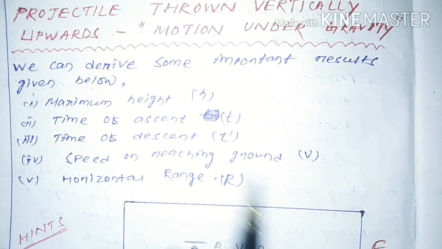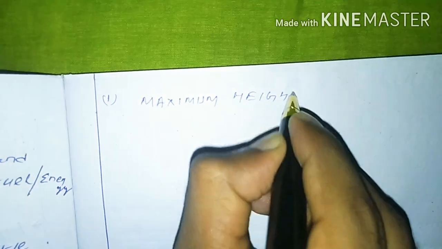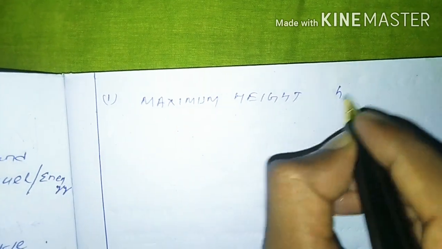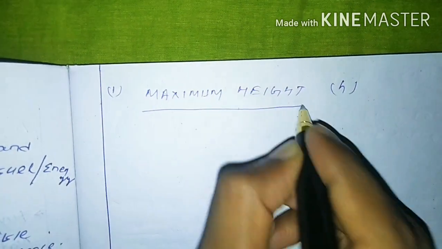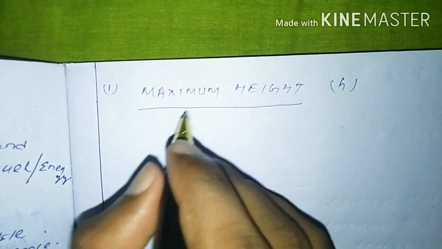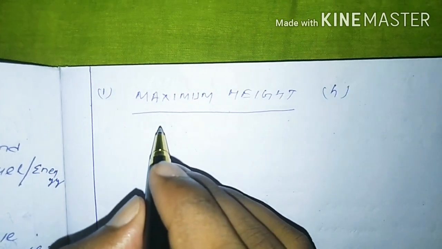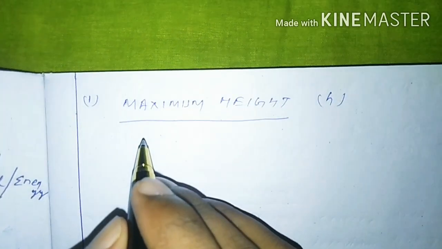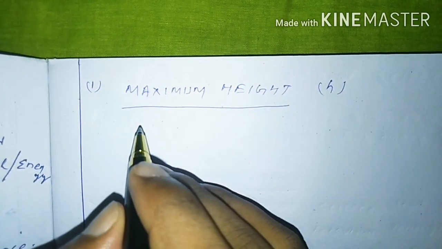So let's start. First one is maximum height, which we denote by h. What is maximum height? It is the maximum distance traveled by the projectile in the vertical direction.